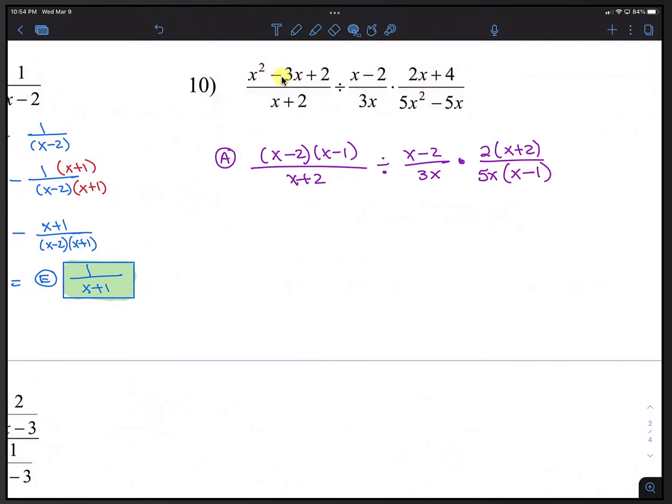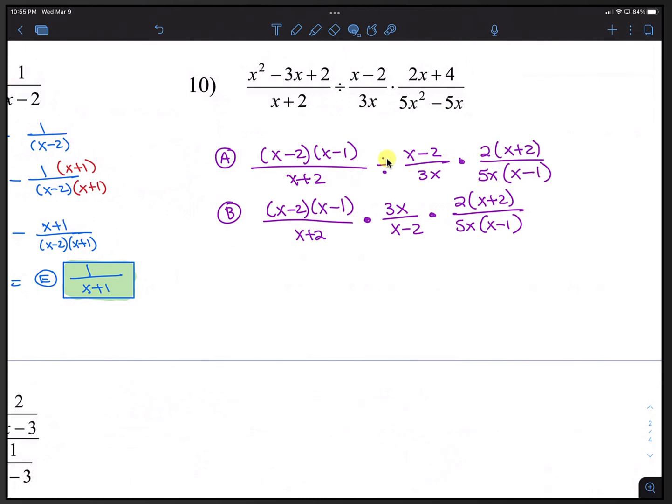This numerator here will factor into x minus 2 times x minus 1. The 2x plus 4, we can factor out a 2, and that would give us 2 times x plus 2. And in this denominator here, we can factor out the 5x. So that would give us 5x times x minus 1.